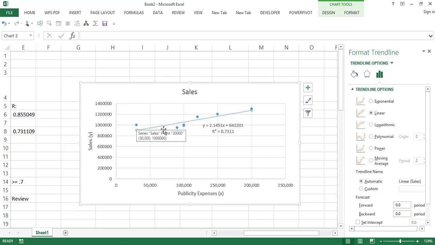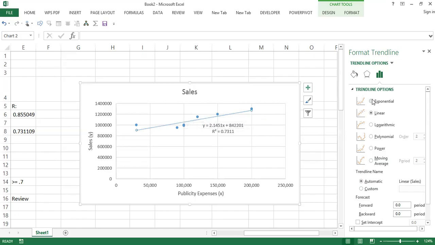These points are actual, and they are on either side of the line. Sometimes the actual will be a little bit higher than the forecast, sometimes a little bit lower. But on the average, it will be kind of close to the actual.